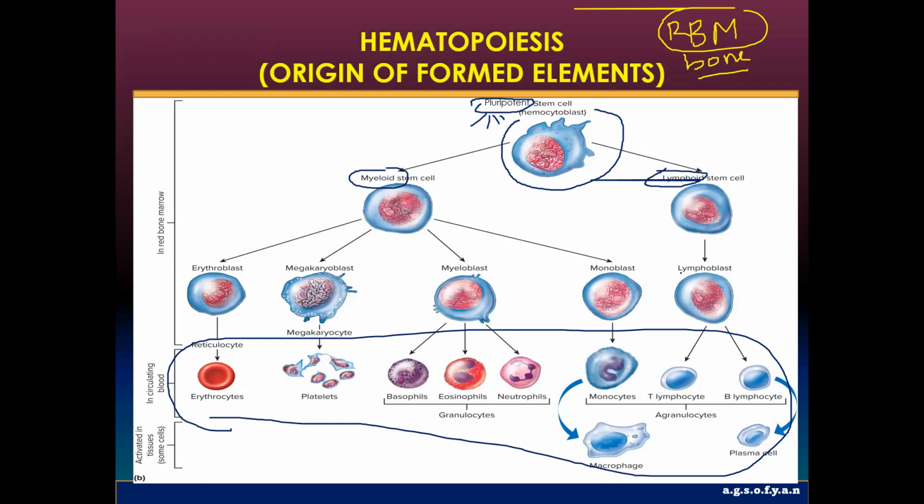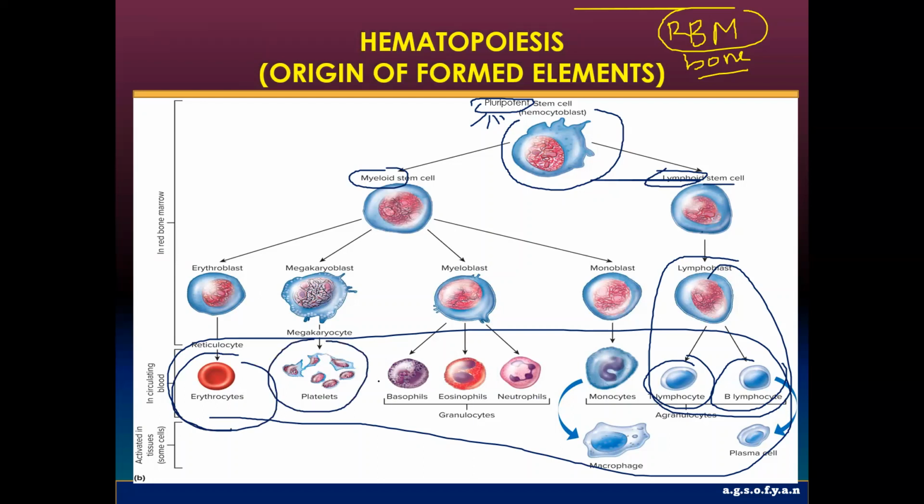The lymphoid stem cell is the one that will produce the lymphocytes, which are the T cell and the B cell. So this produces only two types of cell, the B cell and the T cell. The myeloid stem cell produces the other types of blood cells: the red blood cell, the platelets, and the other four types of white blood cell, basophil, eosinophil, neutrophil, and monocyte.